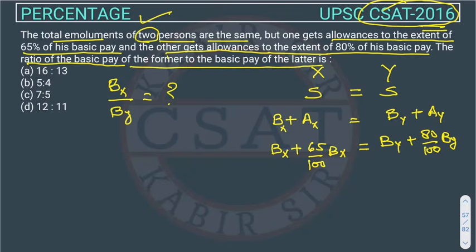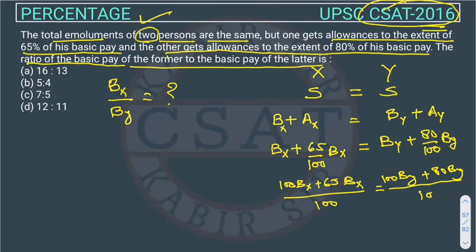It will be bx plus 65 bx upon 100 equals by plus 80 by upon 100. So this 100 will cancel this 100. So this will be 165 bx equals 180 by.